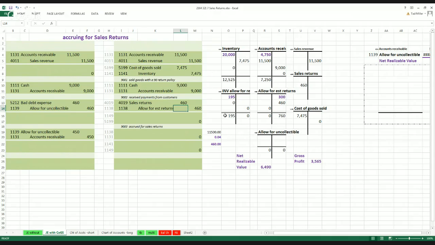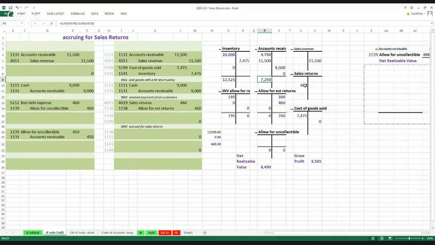So I'm going to accrue for that. Now notice what this is saying. We're not going to collect all $72.50 because some customers are going to return goods. We don't know who, but some of our customers will return goods rather than pay us.